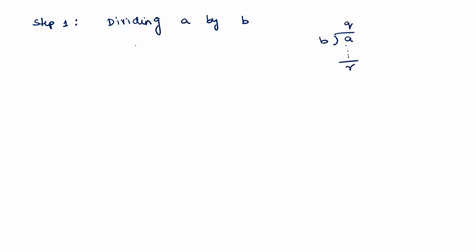So what will I write here? I'll write A is equal to BQ plus R. This is the important thing we have learned now. Any division algorithm should be written with this statement.